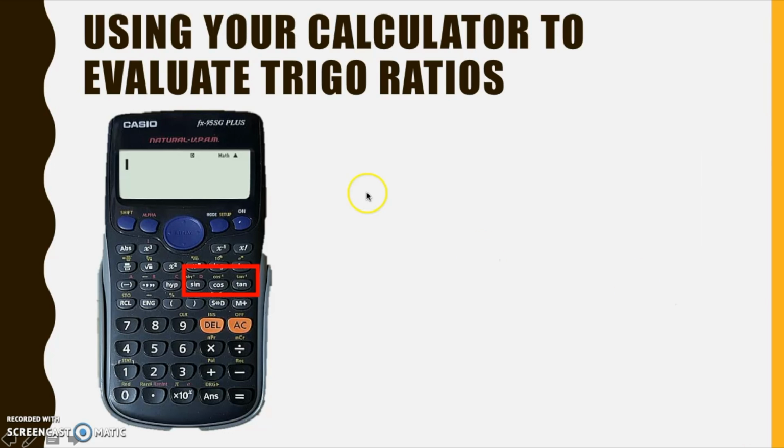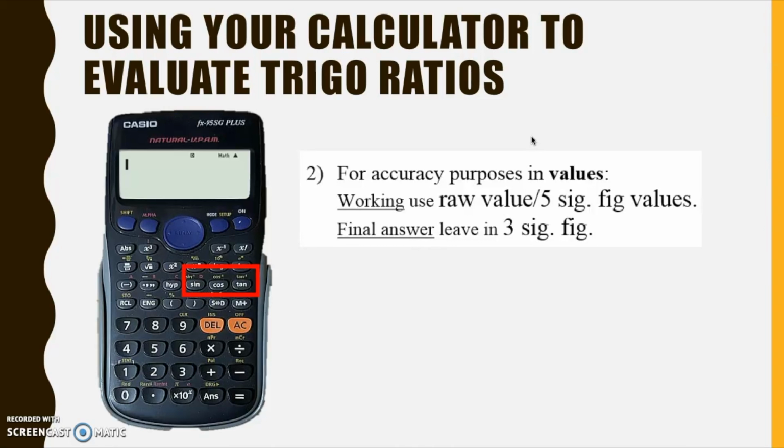One more thing to take note of, please make sure before you key in your trigo ratios that this letter over here is a D. This D just means degree mode, and if your calculator is not in this mode, you can go ahead and reset it.